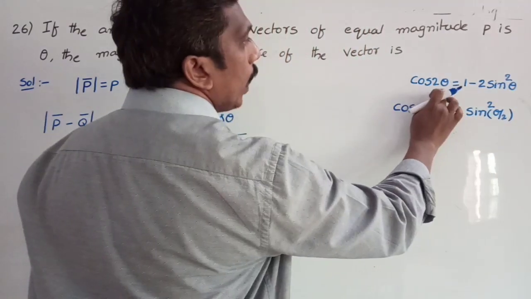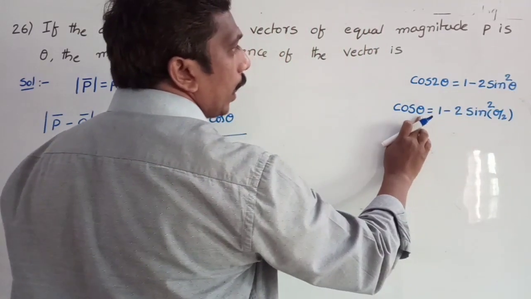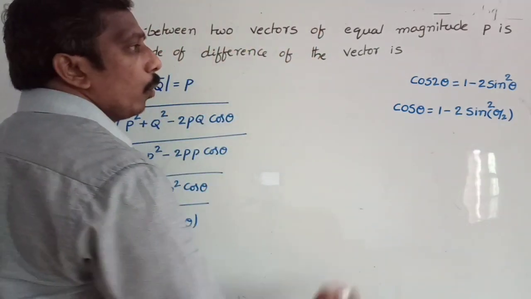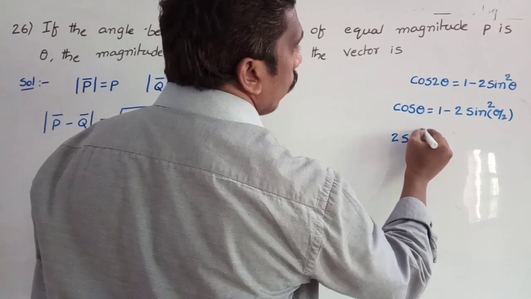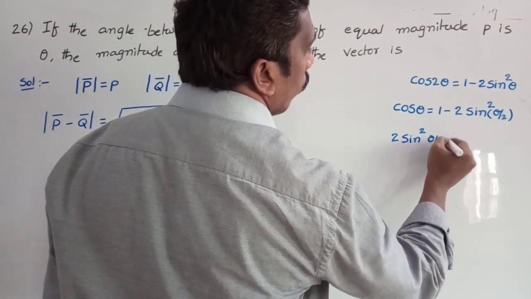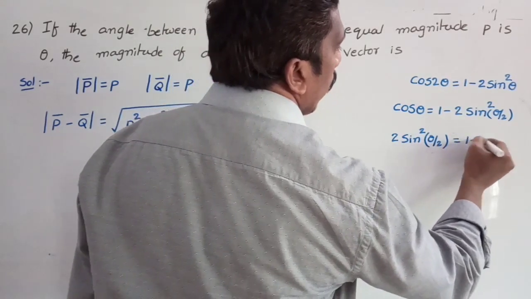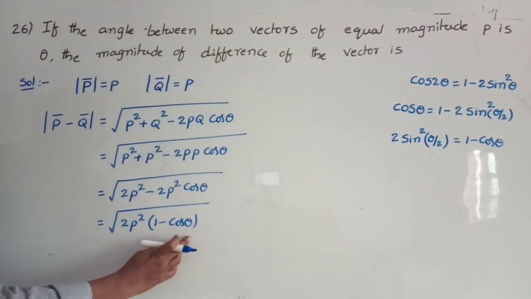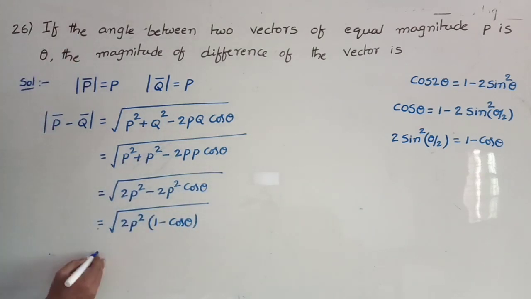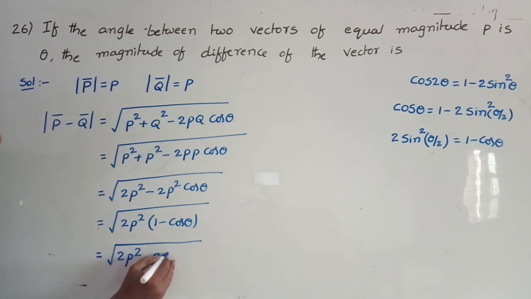Here 2 theta becomes theta, so theta becomes theta by 2. From this 2 sin square theta by 2 is equal to 1 minus cos theta. Instead of this 1 minus cos theta, we substitute this value, that is equal to 2P square into 2 sin square theta by 2.